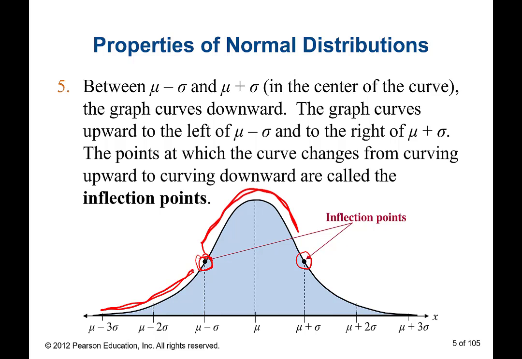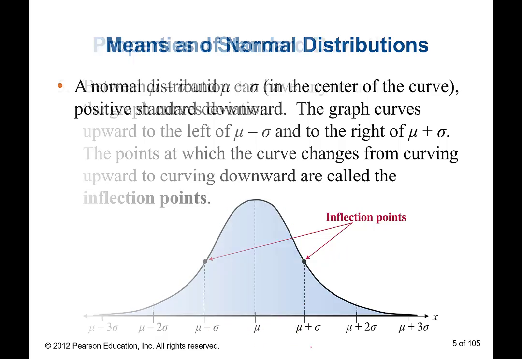Those inflection points are at a very specific place. They are exactly 1 standard deviation below and 1 standard deviation above the mean. So as soon as you hit that inflection point, you know that's about 1 standard deviation away from the center.